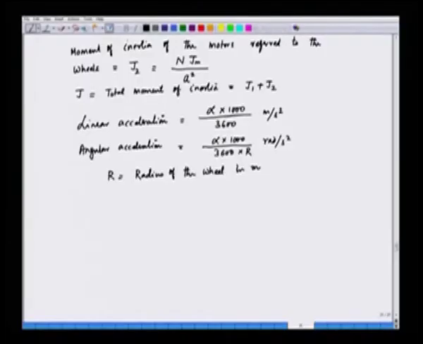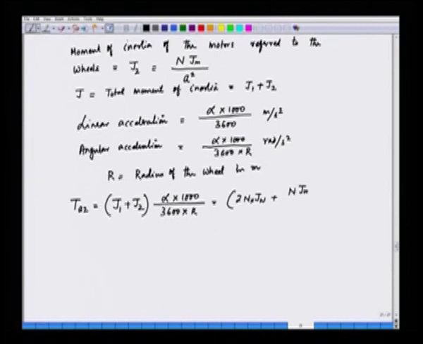So we can find out that, so TA2 is equal to J1 plus J2. We have the moment of inertia of the wheel and also of the motor, referred to the wheel side, into alpha into 1000 divided by 3600 into r, and that is equal to, we can calculate this, 2 nx Jw plus N Jm by A square, we are replacing this J1 and J2, into alpha by 3.6 r.